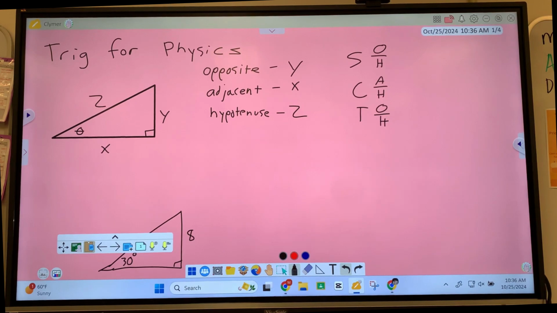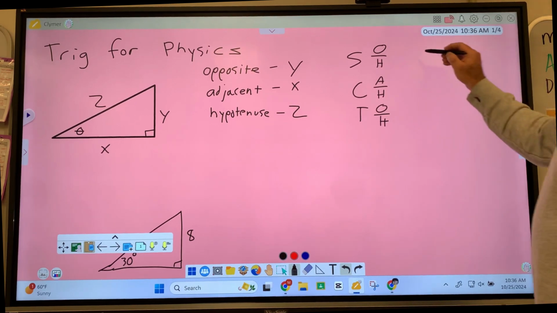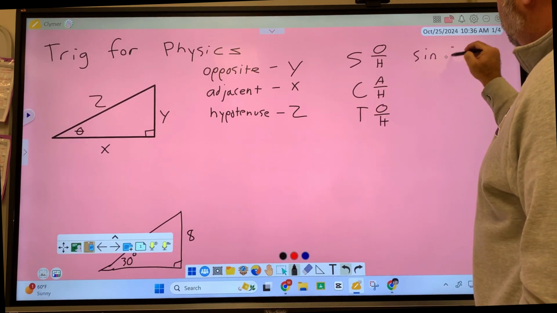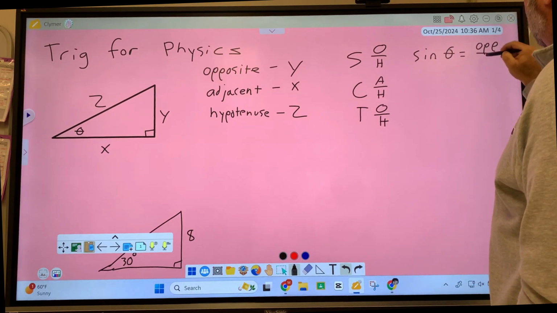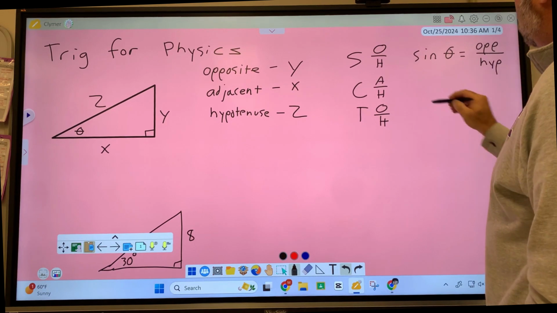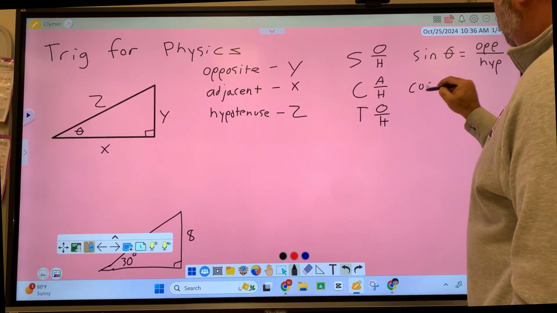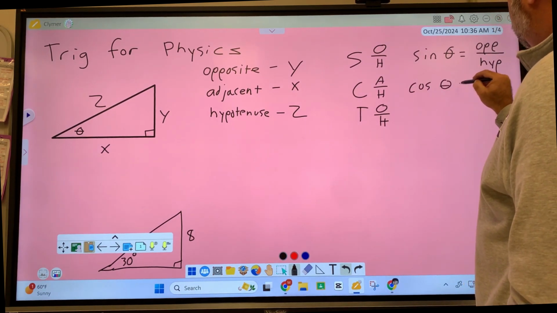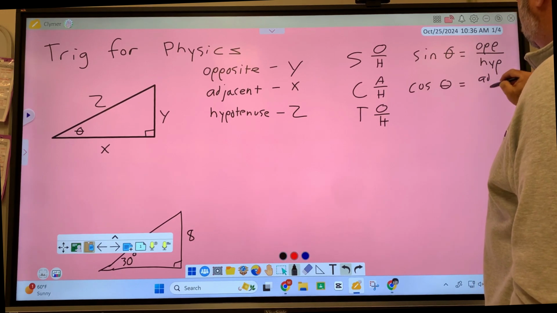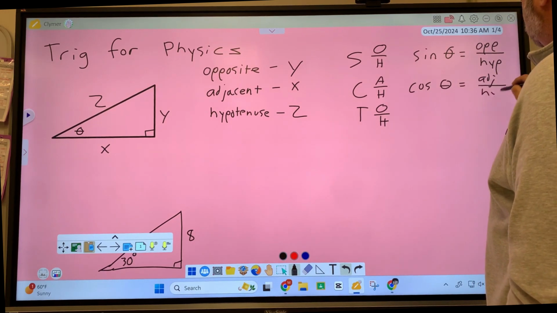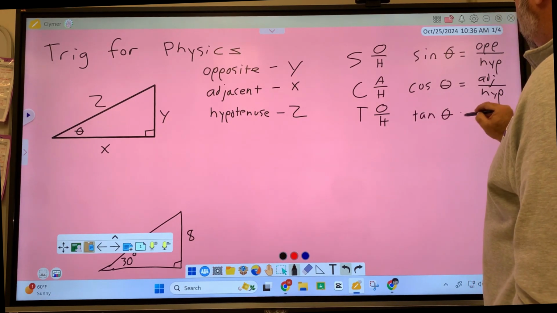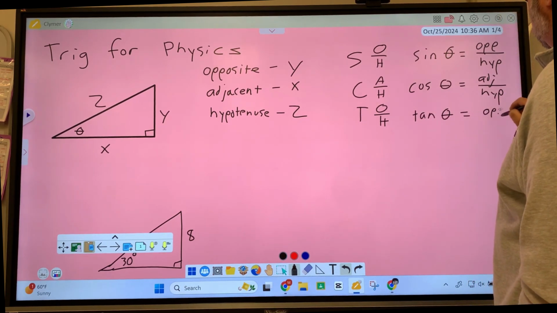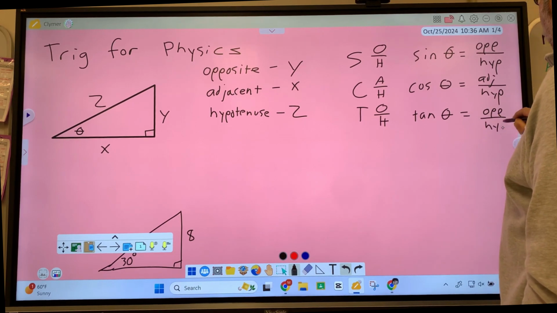Now what this translates into is the sine of theta equals the opposite over the hypotenuse. Cosine theta equals the adjacent over the hypotenuse. And tangent of theta equals opposite over hypotenuse.